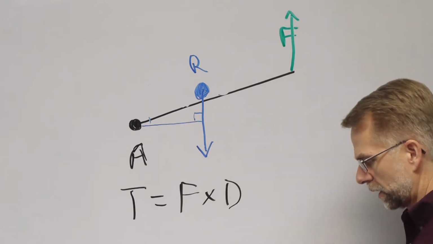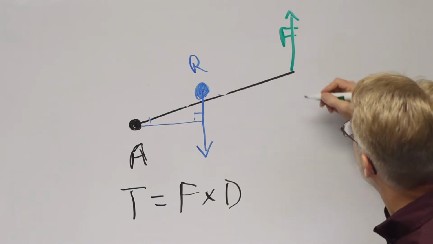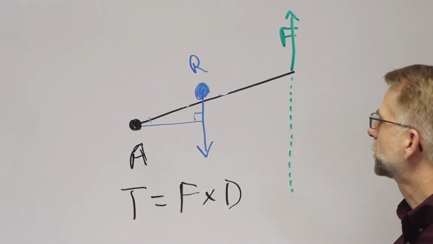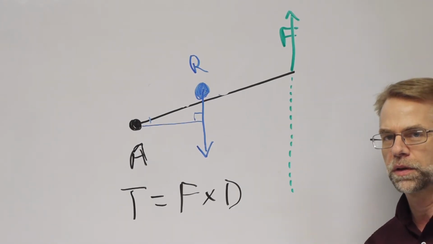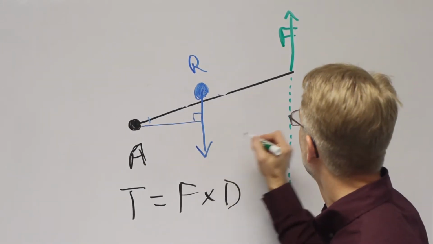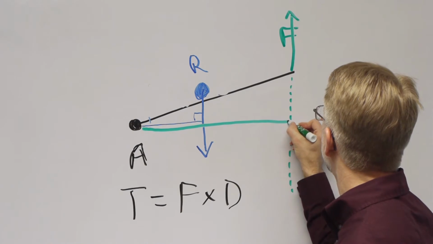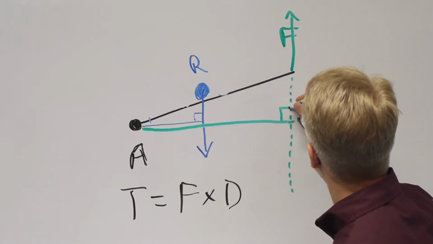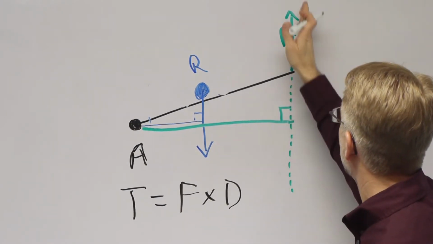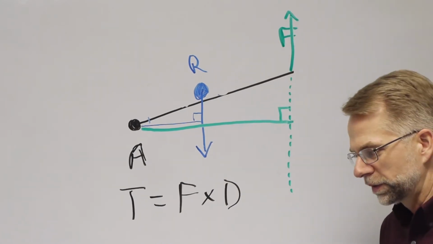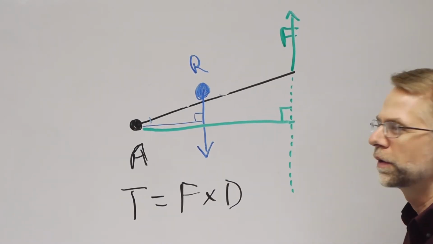In the case of the force on the end over here, we have to extend it down a little bit so that we can draw a perpendicular line to the axis. Once we've done that, we can also draw a perpendicular line from the axis to this line of force expressed by, for example, somebody pulling up on the handles of the wheelbarrow.